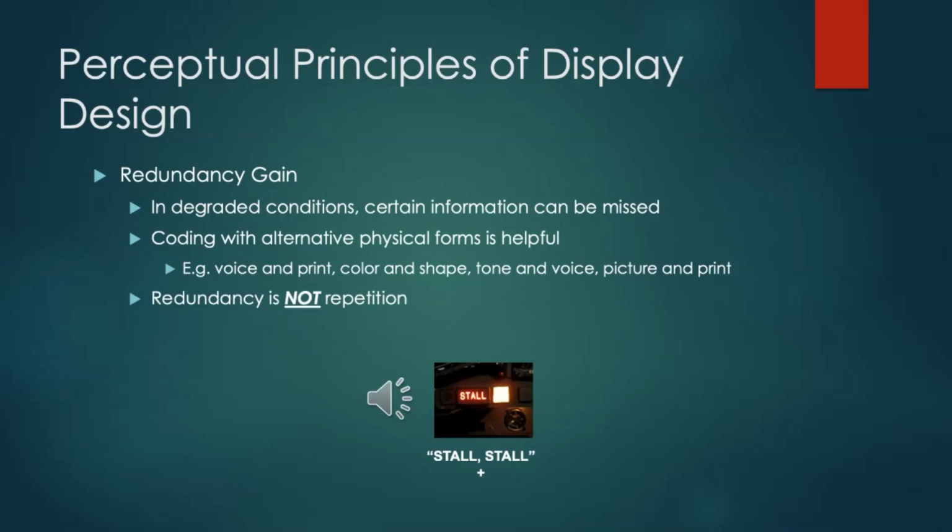So in aircraft, the stall warning is usually a flashing light in addition to usually some voice that says stall, stall, right? It's trying to capture your attention visually in case there's radio traffic that you're not able to hear over. But it's also presenting that information auditorily in case your eyes are distracted somewhere else.